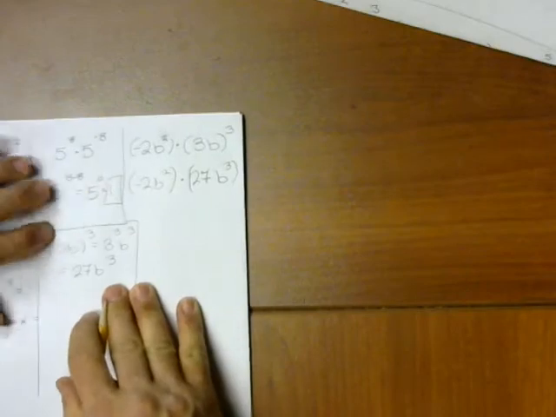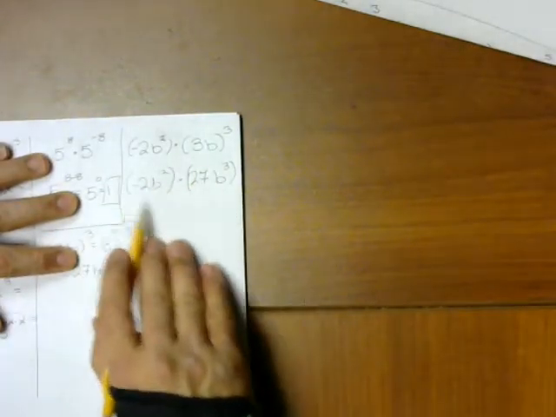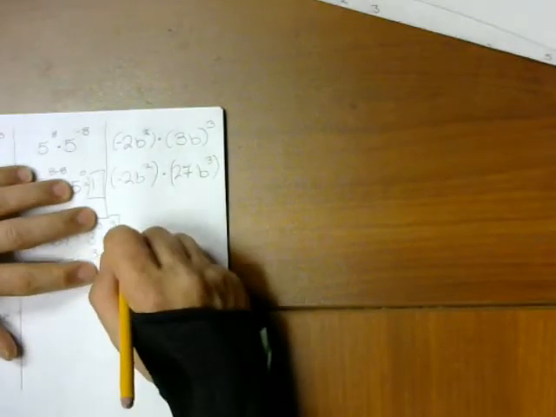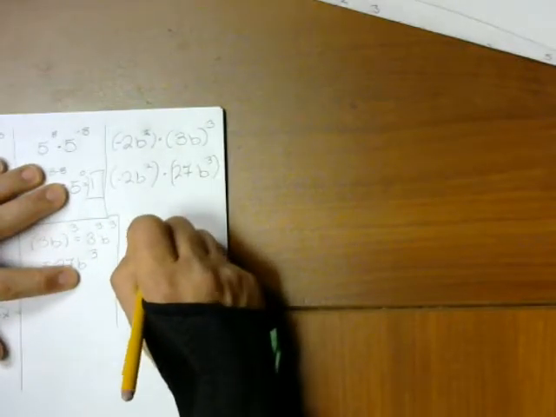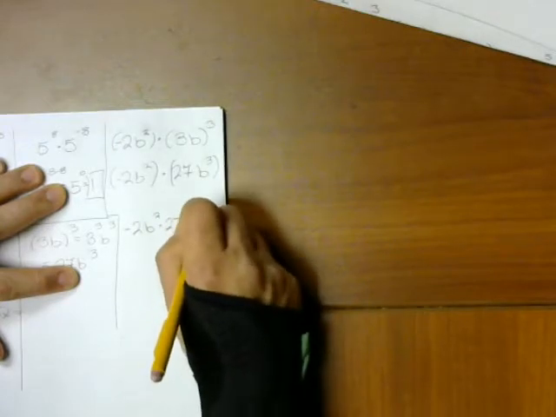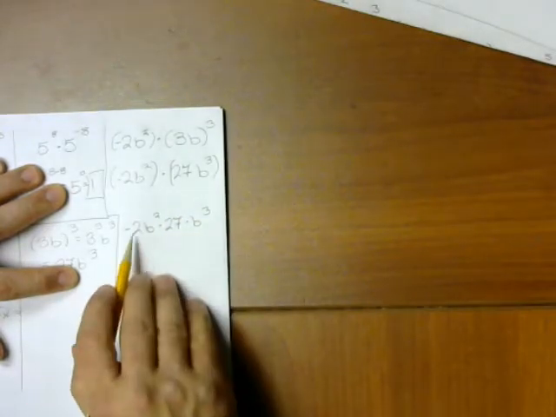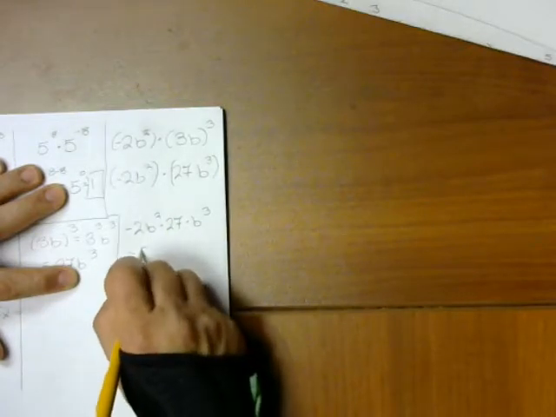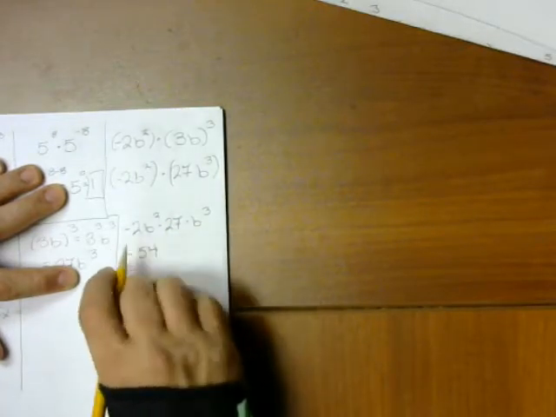cubed. Now we have all of this times each other, so let's put that all together. I'm going to get negative 2 times b squared times 27 times b cubed. I can multiply the negative 2 times the 27. That's going to give me a negative 54, because I can multiply these in any order I want.